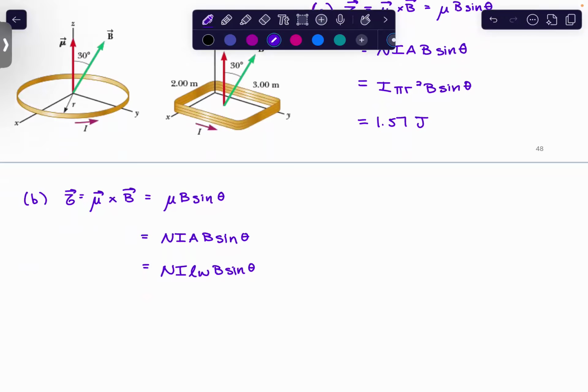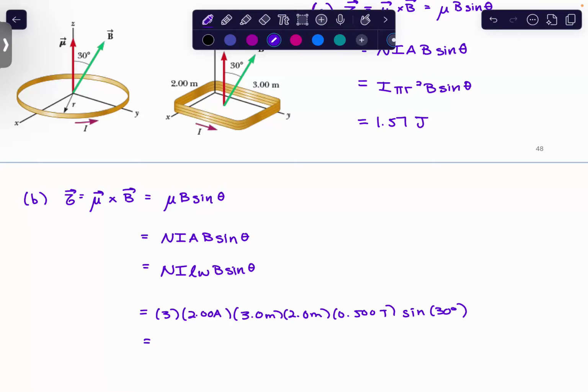So that'd be what? N is 3. Your current is 2 amps. Your length, it doesn't really matter which one you use, 3 meters, 2 meters. Your B, sine of 30 degrees.